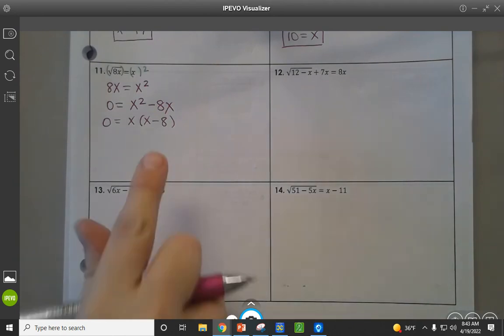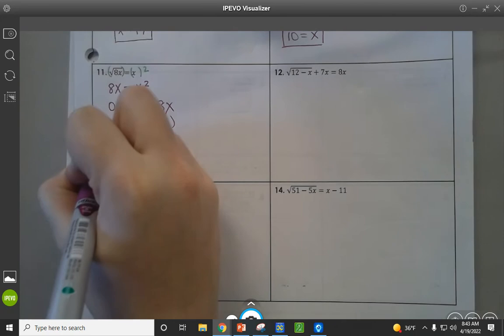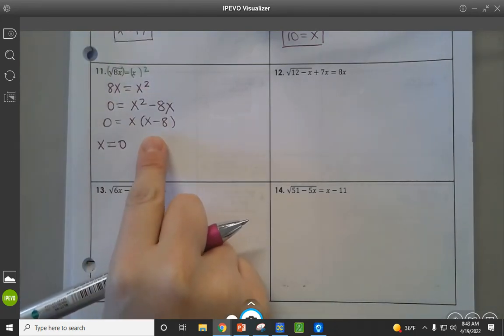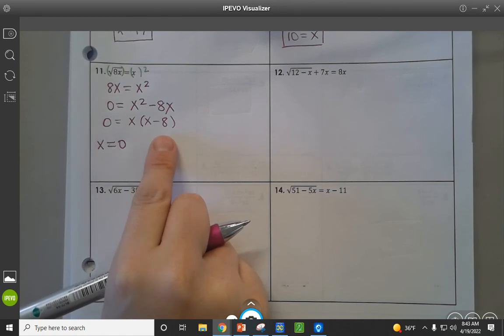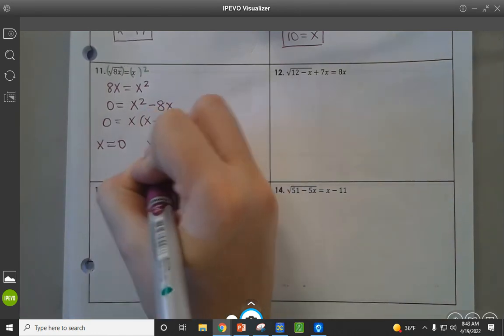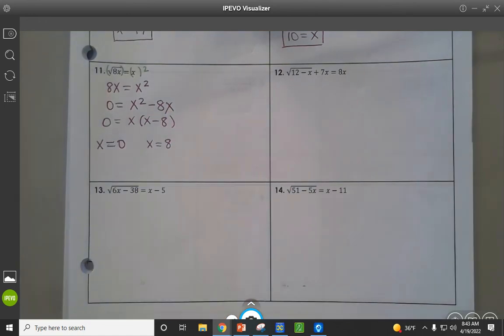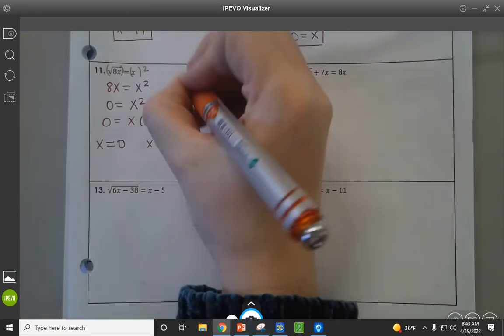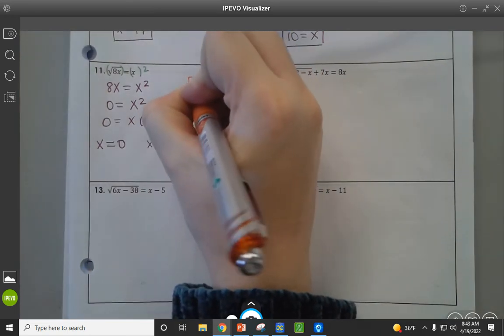And so we have to check both solutions. So I want to know if the square root of 8 times 0, I want that to be equal to x. I want that to be equal to 0. So if you need to type that in, square root of 8 times 0, it is 0.